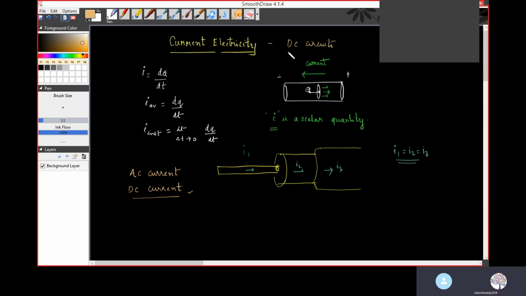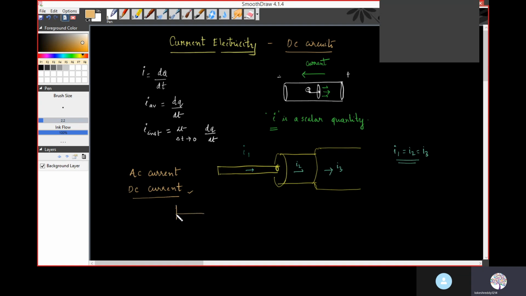AC, alternating current or AC circuits, we will discuss in a separate chapter. So current electricity basically means we are discussing DC current or DC circuits.